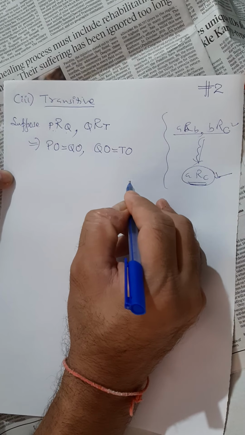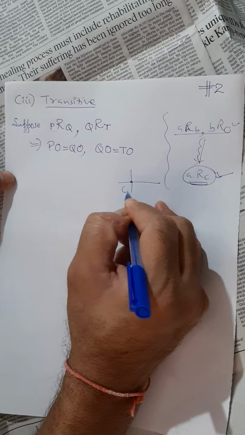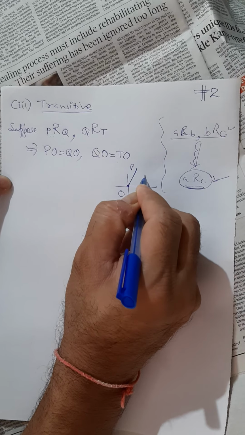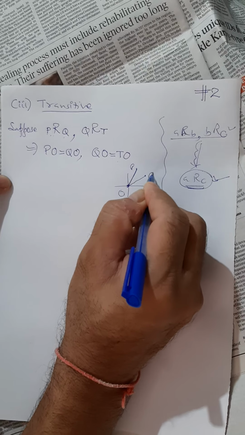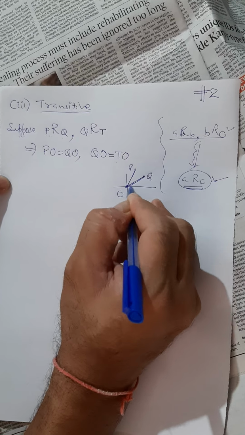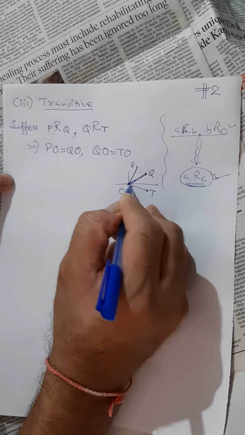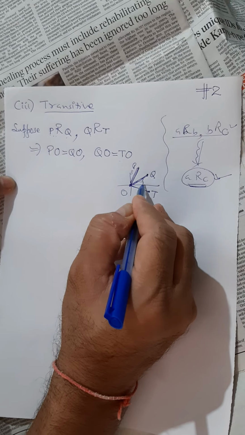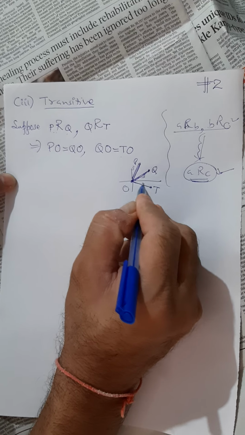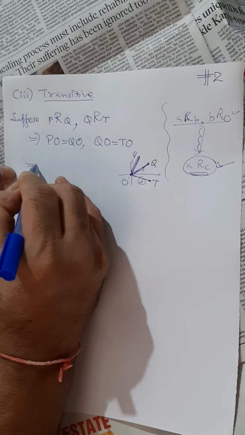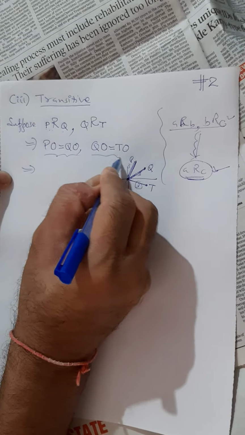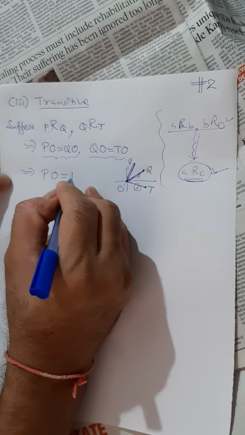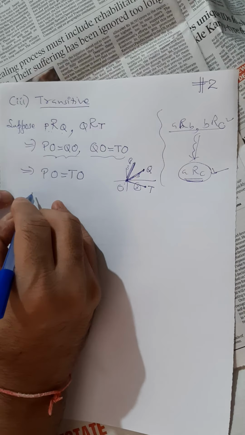So it's like this in a diagram. If this is origin, then the distance of P from origin is the same as the distance of Q from origin, and the distance of Q from origin is the same as the distance of T from origin. If this is 3 units, then this is also 3. So these two distances are equal. From these two you can say that the distance of P from origin is the same as the distance of T from origin.